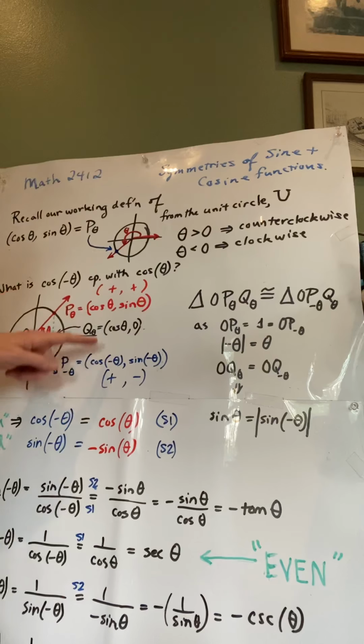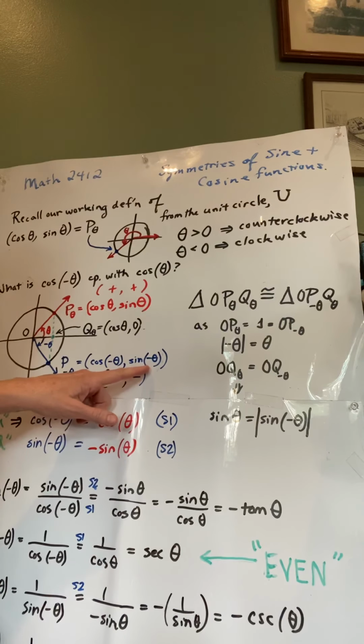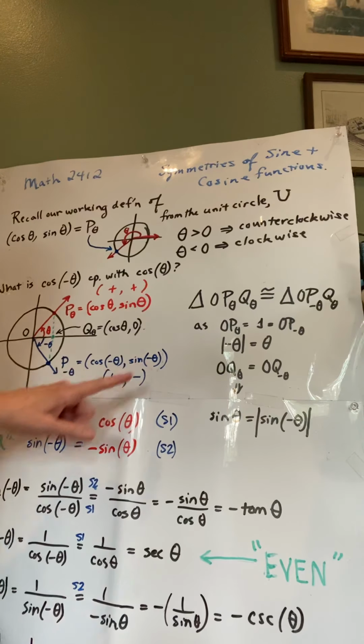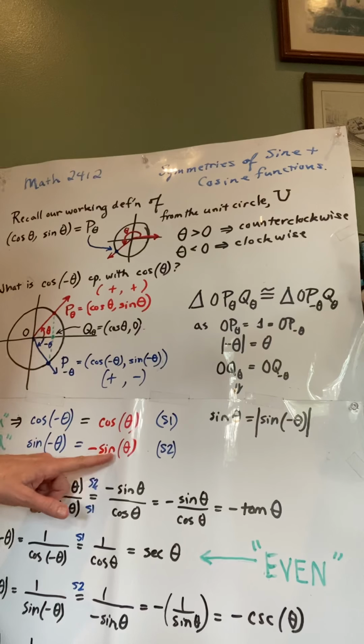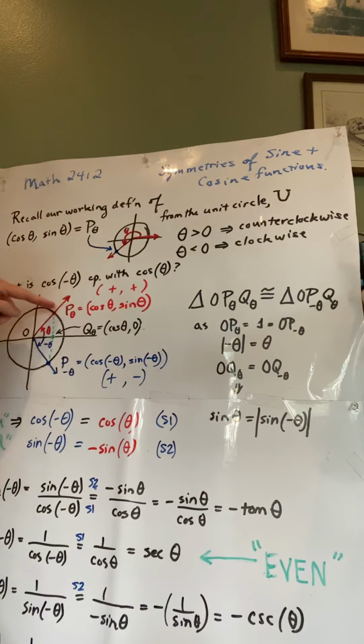Those two x-coordinates are the same. Symmetry 2: the sine of the opposite of theta, which is the y-coordinate of p sub minus theta down here in quadrant 4, is the opposite of the sine of theta, the y-coordinate of that p sub theta in quadrant 1. Okay, so that would be true of any angles that terminate in quadrants 1 and 4.